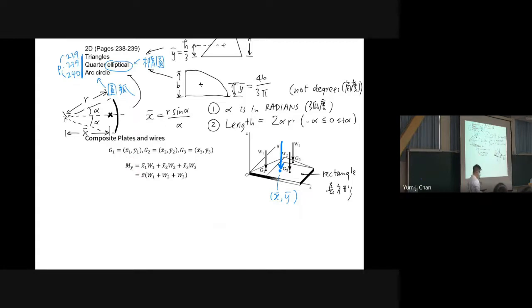From the meaning of center of gravity, the moments about axis Y by area 1 is X bar 1 W1, and by area 2 is X bar 2 W2. Remember, this X2 bar is this length. And the moments about the Y-axis from area 3 is X bar 3 W3.